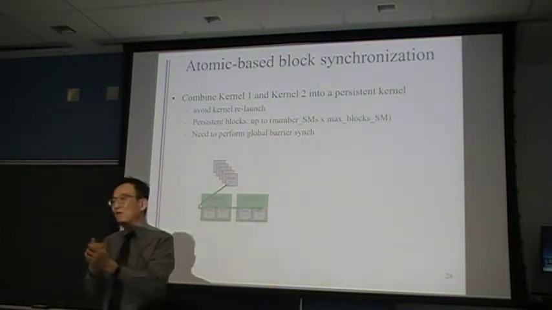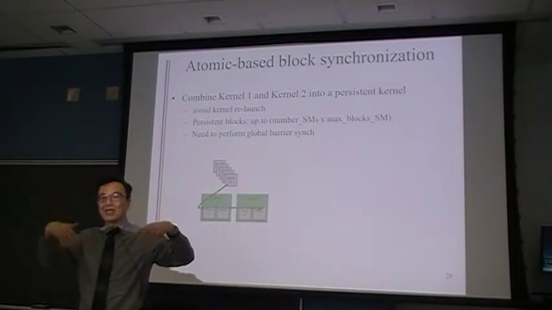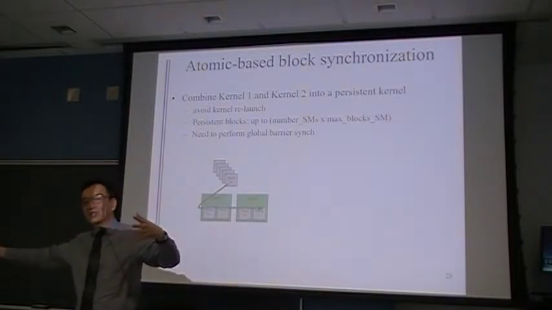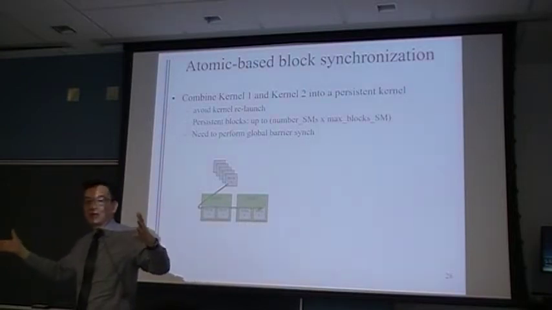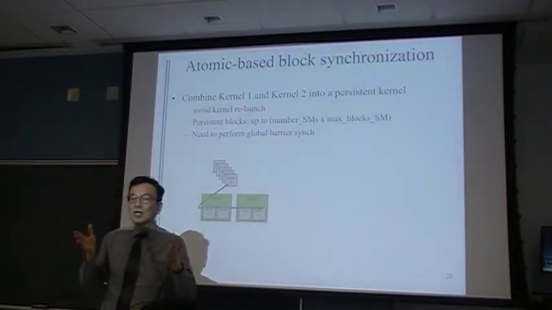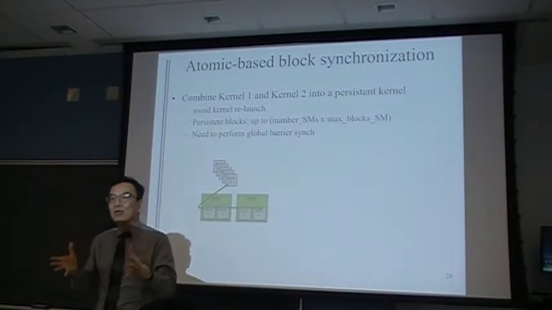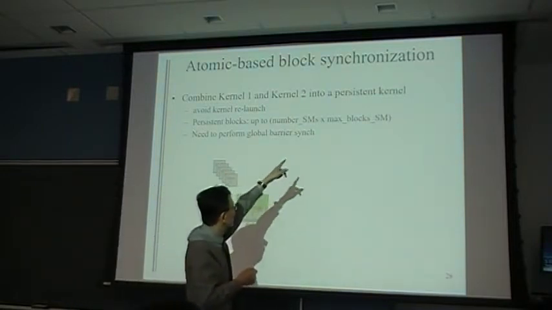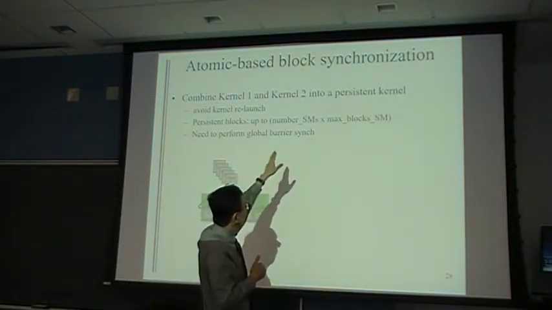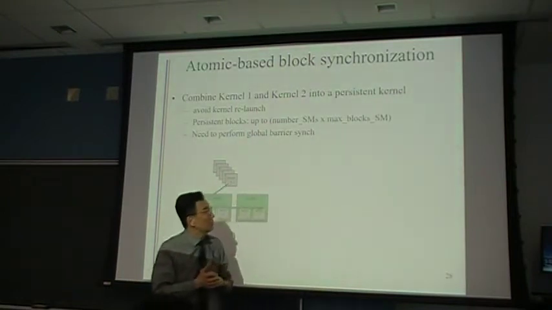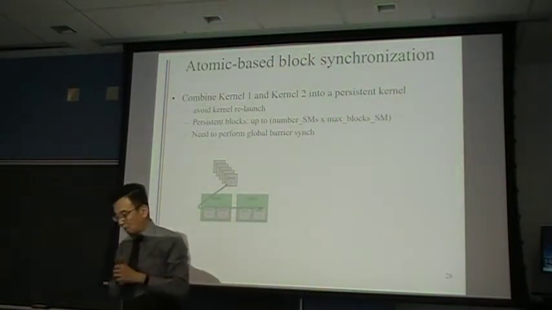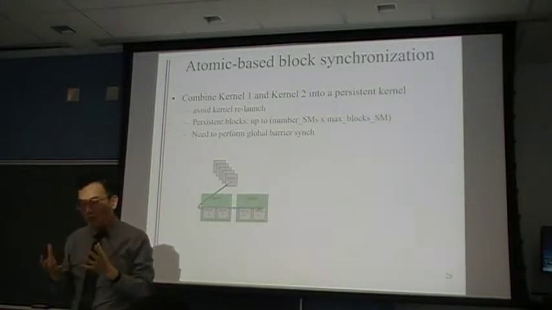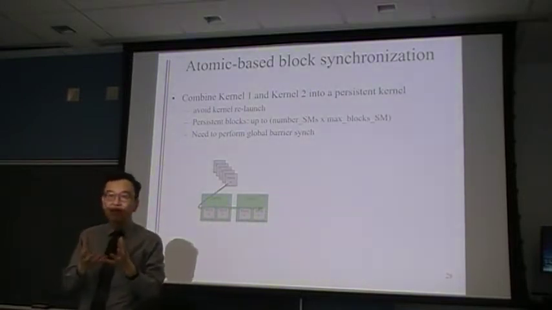So everyone else will be busy waiting on the barrier, and this block never shows up, and you'll have a deadlock. You'll never be able to get out of the barrier. So you have to make sure that all the thread blocks will always be able to run on the SM all the time. That's why you can only launch the number of SMs times the maximum number of blocks per SM, so that you will always be able to accommodate all the active thread blocks in the SMs.